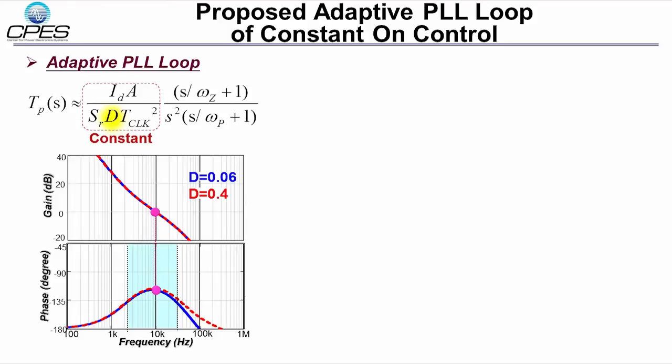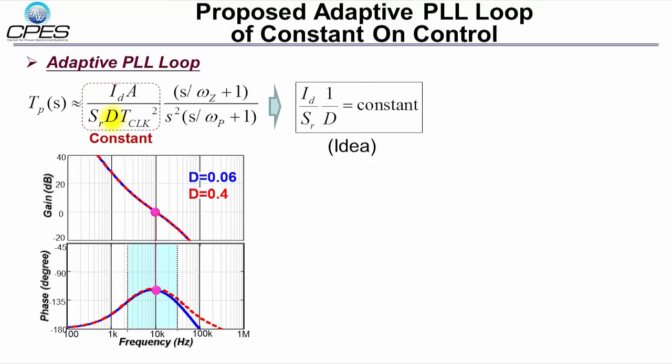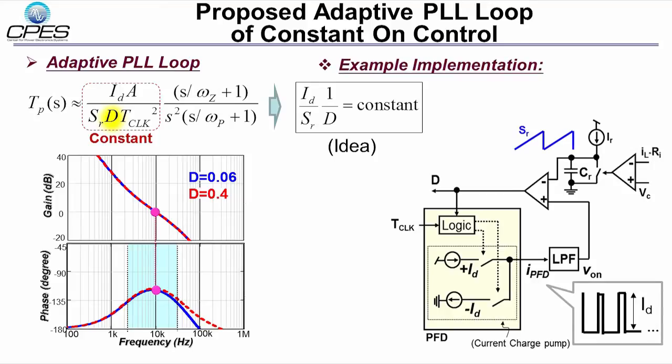To simplify loop compensation, an adaptive PLL loop is proposed to maintain constant bandwidth over wide input and output voltage change. The model points out one way to fix the gain is to make the ratio of ID over SR and duty cycle constant. In other words, ID needs to be proportional to VL, and SR needs to be proportional to Vin.